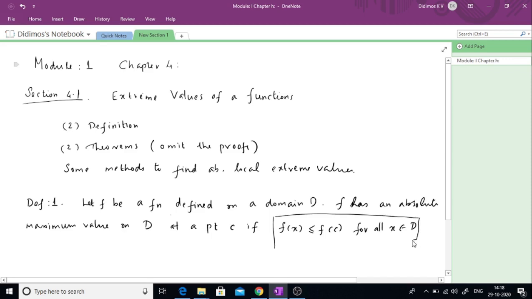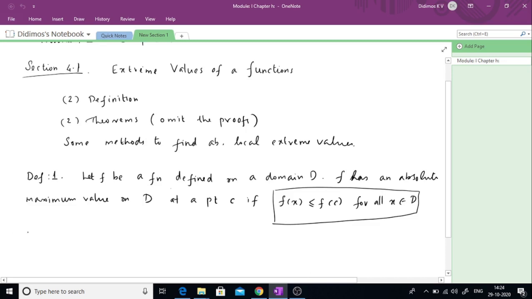This is very important. f of x should be less than or equal to f of c for all x belongs to D. Then we can say that f of c is the absolute maximum value and c is the point of absolute maximum.